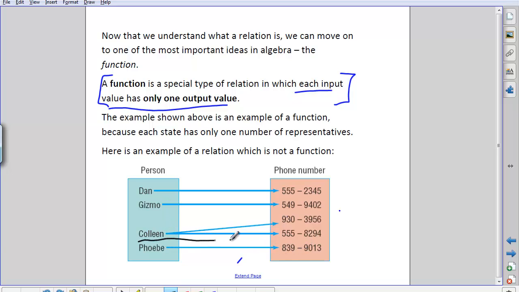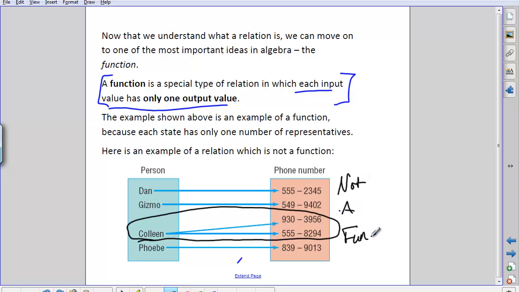You'll notice Colleen is causing a problem. She has 2 phone numbers. That's a single input going to 2 different output values. So this is actually not a function, because Colleen has 2 phone numbers. So that's what a function is. Each input has only one output.